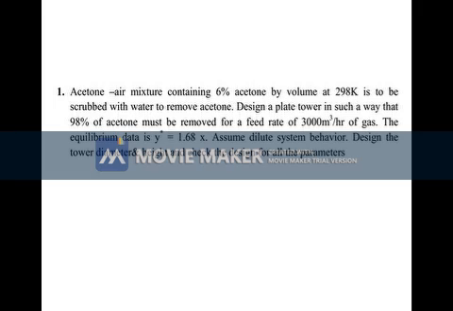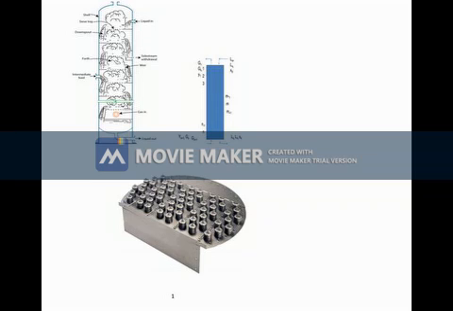Again, I think I don't have to explain it once again. This is the tray column. A tray column consists of a column in which trays are kept at definite intervals. There are n number of trays. The liquid will come from the top and the gas will be admitted from the bottom of the tower.